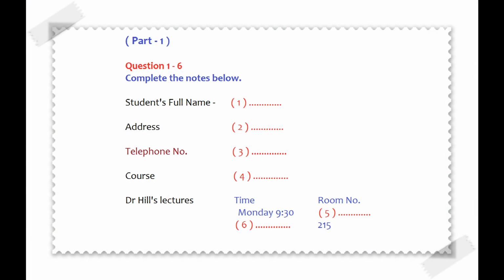Part 1. Miss Wang is going to register for her first year social science course. As you listen, fill in the gaps numbered 1 to 6. First you will have some time to look at questions 1 to 6.